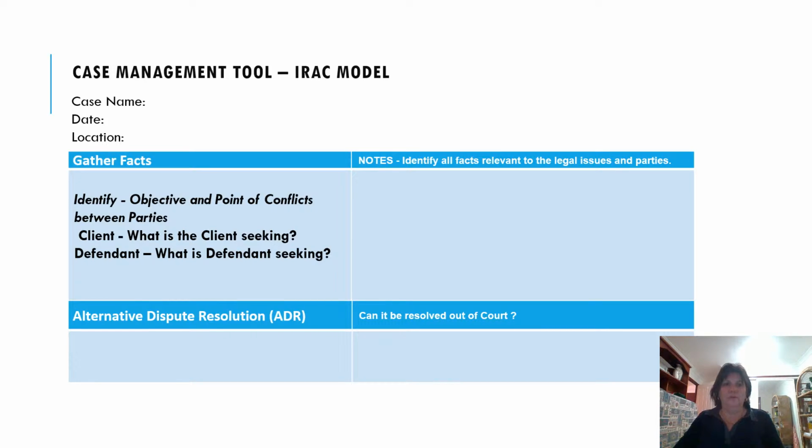Case management tool. It starts off naming the case, date and location. This all helps to gather facts. We want to identify the objectives and points of conflict between parties. What is your client seeking? What is the other side seeking?